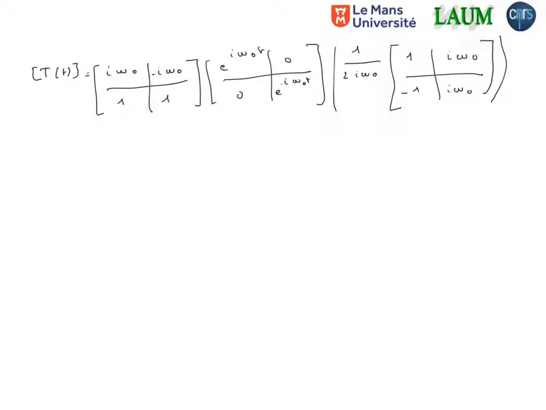And then here we can first rewrite this constant, that I can put in factor of everything. So for the product of the first two matrices, we see that we multiply by a diagonal matrix on the right, which means that in fact we can multiply the columns.